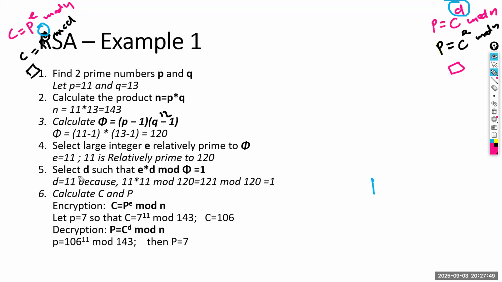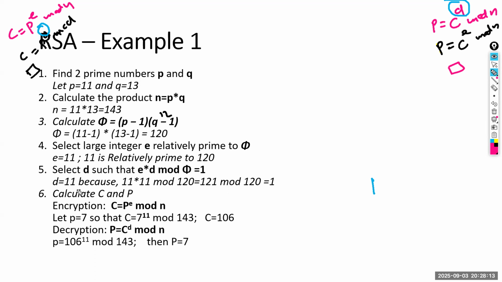So you can find any number which is relatively prime to 120. Here we have taken it as 11, because 11 is relatively prime to 120. Why do we say 11 is relatively prime to 120? Because there's no number that divides both these numbers other than 1. Now you need to find d such that e into d mod phi is 1. Of course, you need to do a bit of guessing.